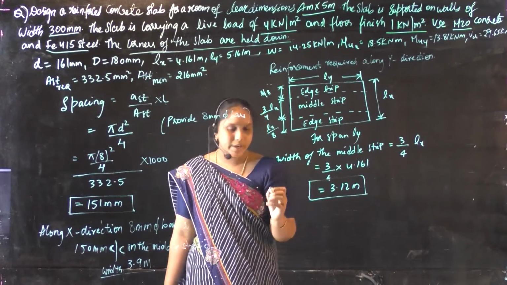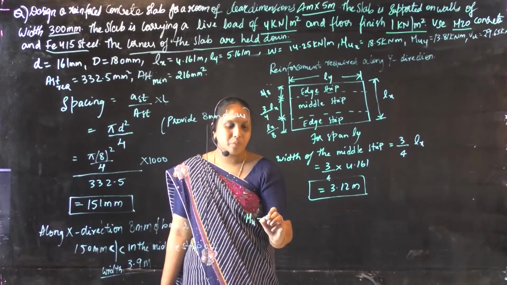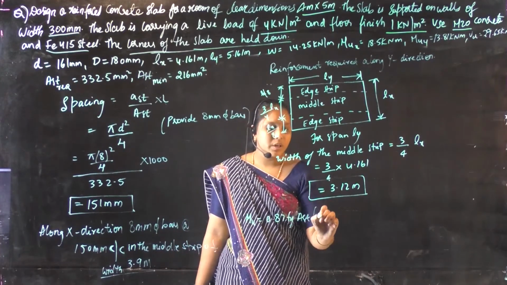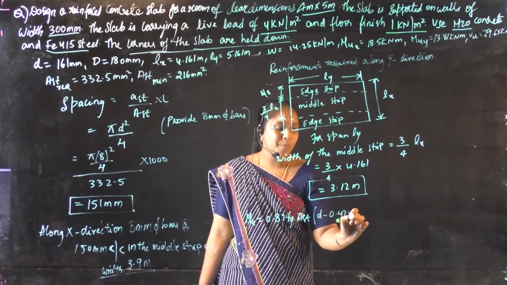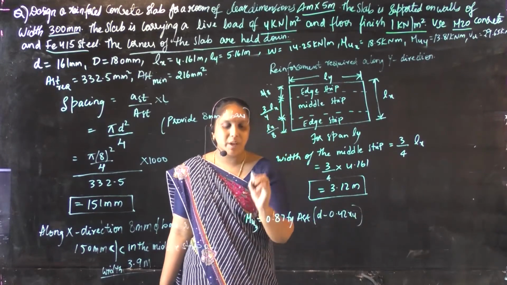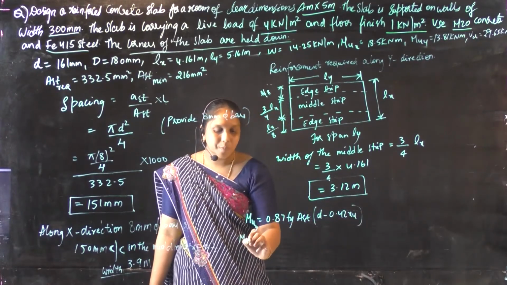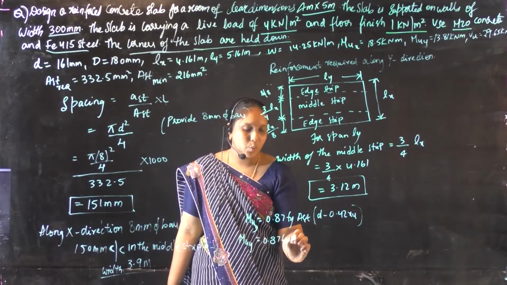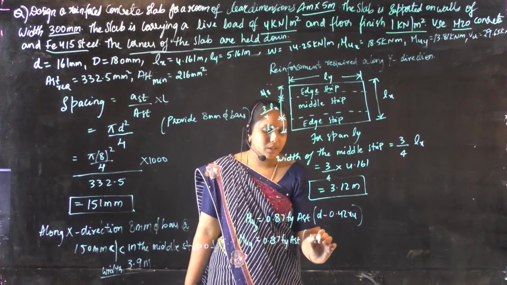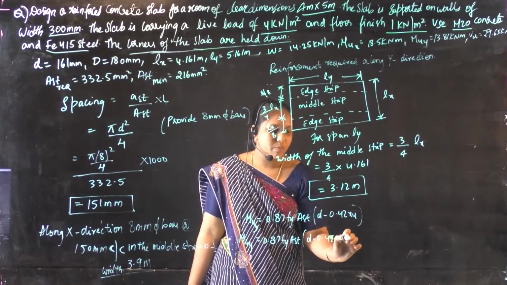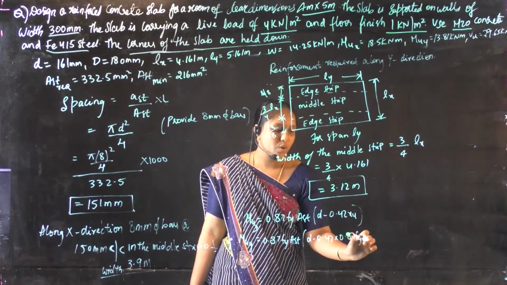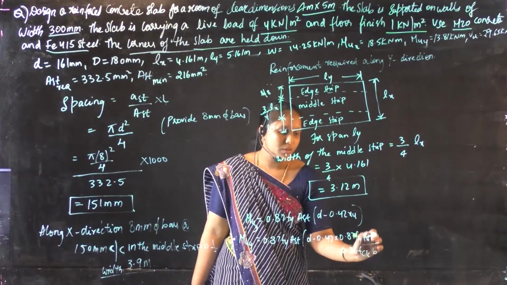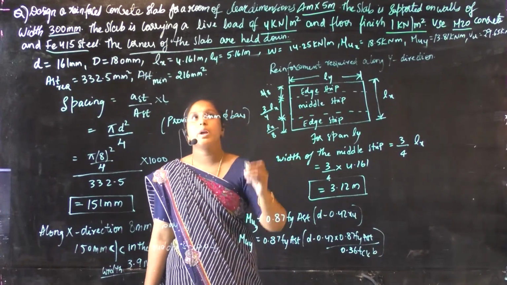That is how we will calculate. Mu is equal to 0.87 into Fy into AST into D minus 0.42 Xu. The same equation. Here it will be Muy. So Muy is equal to 0.87 into Fy into AST into D minus 0.42 into 0.87 Fy into AST divided by 0.36 fck into B. What is the value of Muy?